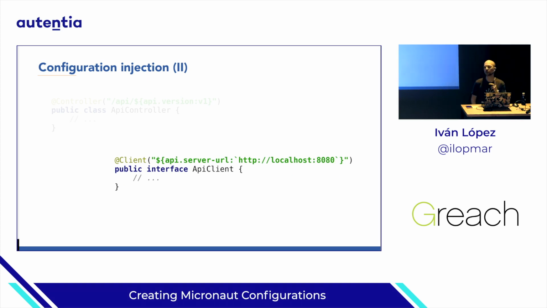One thing you need to be aware of, and we had a few issues and misunderstandings from users, is that you can see here that we use server-url. This is called kebab case, meaning all letters in lowercase with hyphen-separated words. If you put here a property name in camel case, it's not going to work.